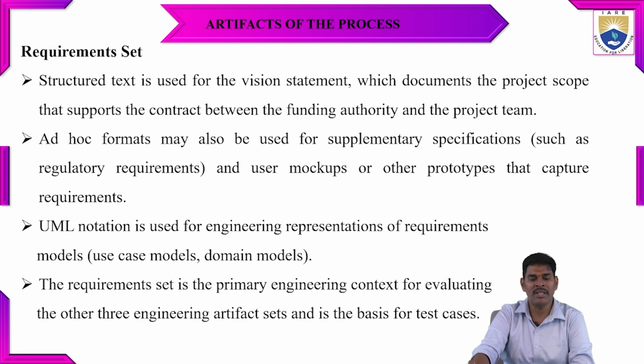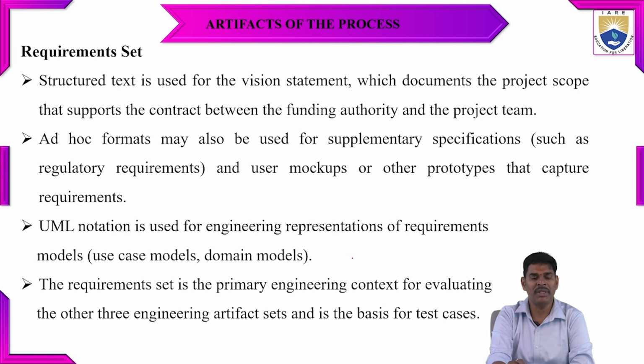It means the stakeholder has to give the authority of the funding, and there should be smooth communication between the stakeholder and the management. And also they need to check what ad hoc formats may also be used for the supplementary specifications, like regulatory requirements, and they need to have the user mockups, or check the prototypes for how they are going to capture the requirements.